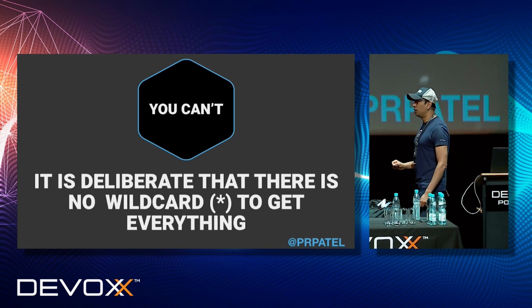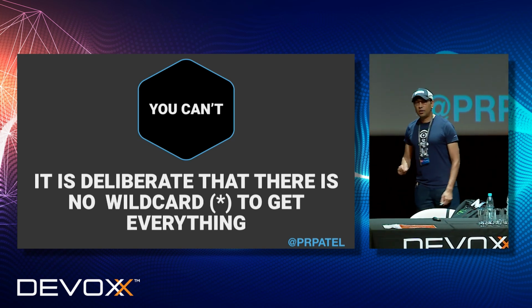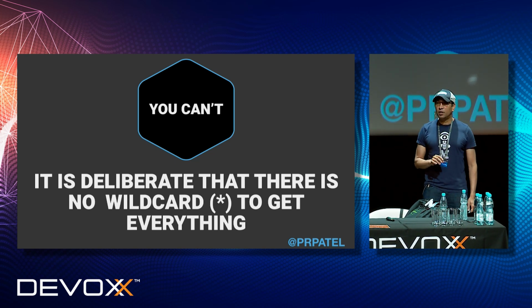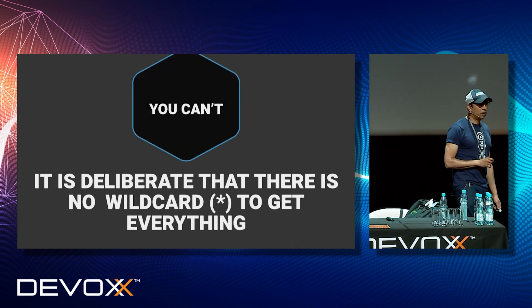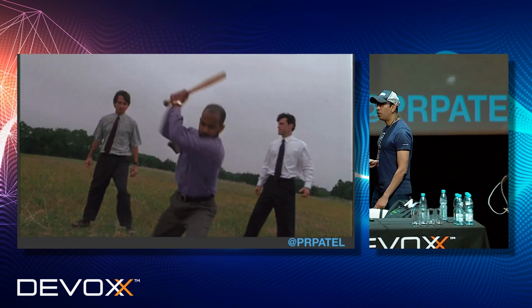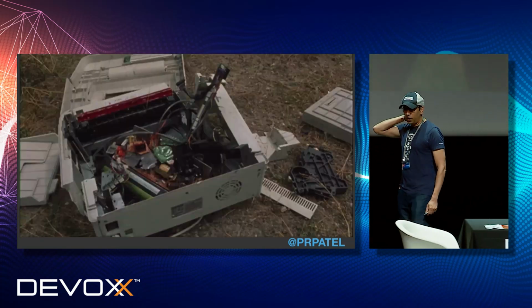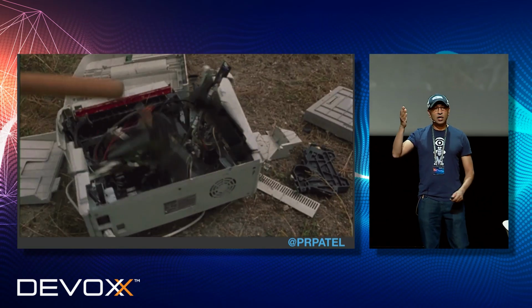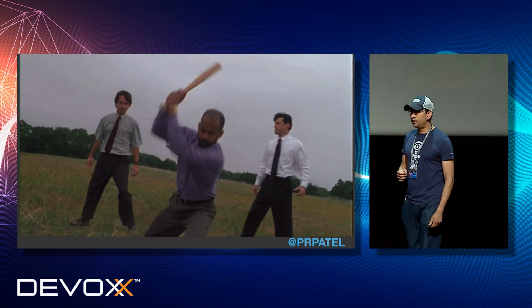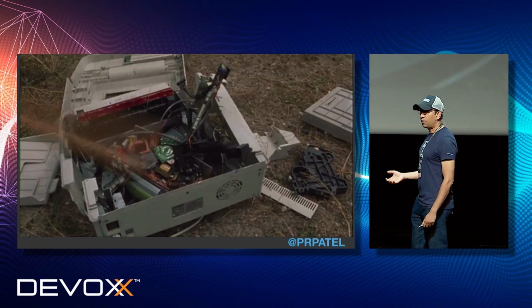And this is actually a deliberate choice. There is no wildcard to get everything. You have to type out by hand the things that you specifically want to get, right? That's quite different than a RESTful endpoint. Because if you think of a RESTful endpoint, if you say, give me /users/1 or whatever, you get all of the information that is contained at that RESTful endpoint.